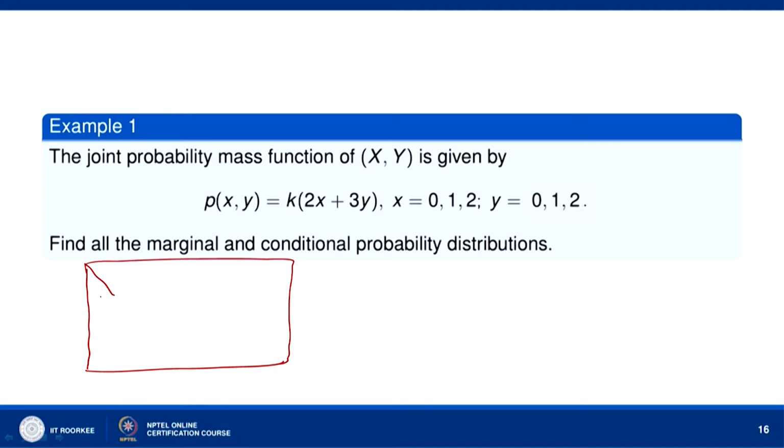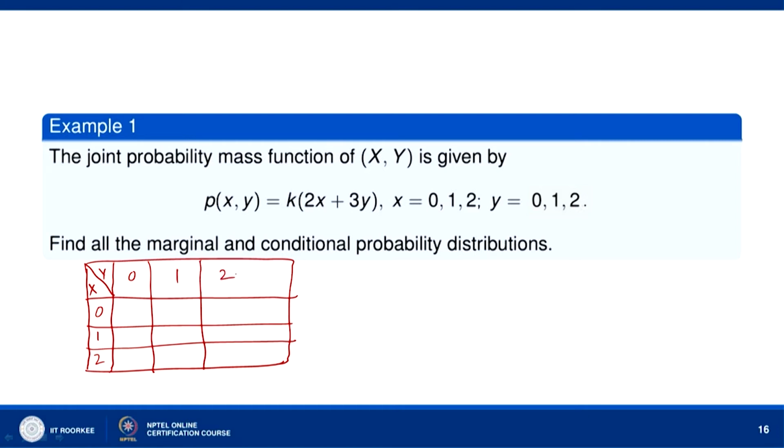So, let us say here we have x, here we have y, and x varies from 0 to 2. Okay. So, when x is 0, y is 0, p(0,0) equal to 0. When x is 0, y is 1, we have 3k.